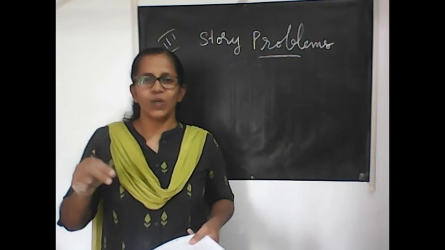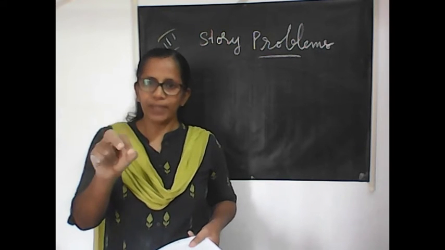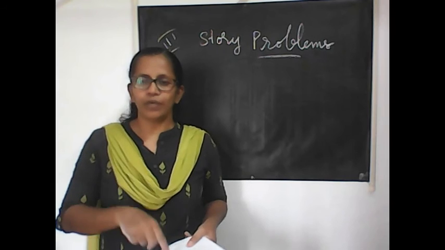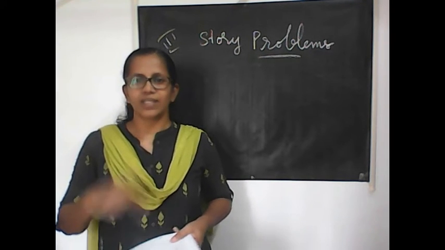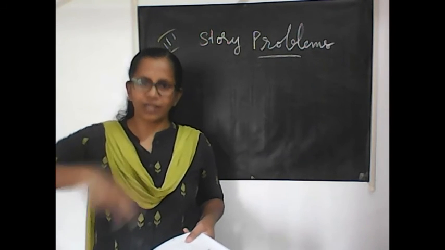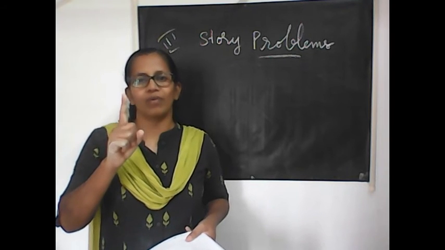The question is how many children will be there on one floor. You have to find the number of students on one floor. So this is division. They have given the total number of students in 4 floors and you are asked to find the number of students on one floor.